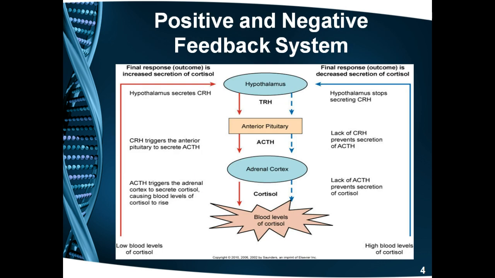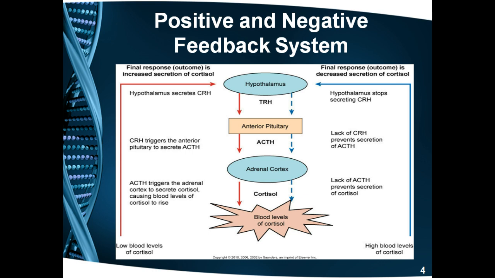The positive and the negative feedback system is described here, where we're discussing basically what the hypothalamus is. A perfect example is the hypothalamus, which secretes the corticotropin releasing hormone.